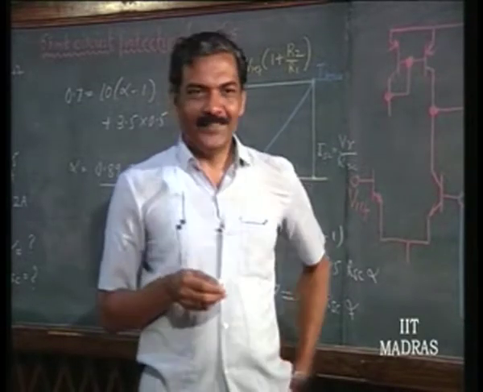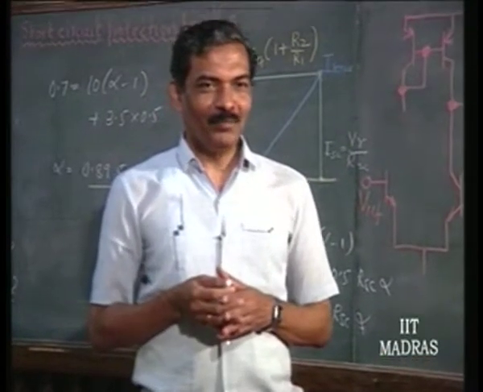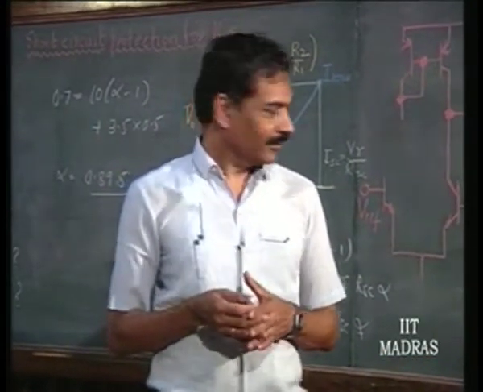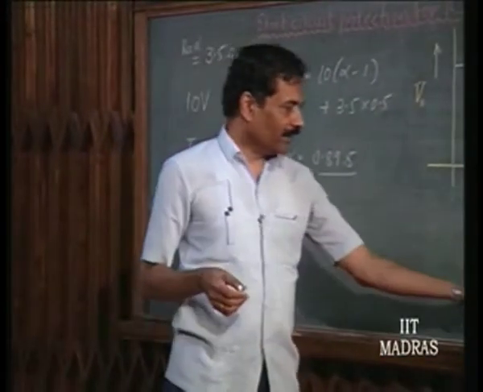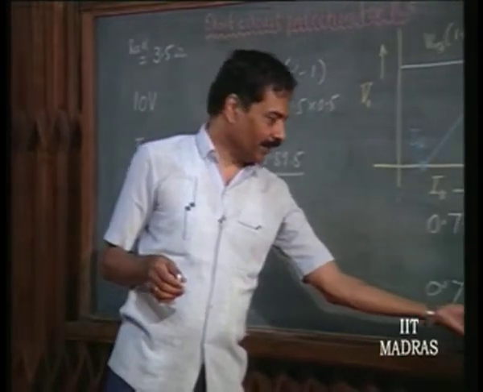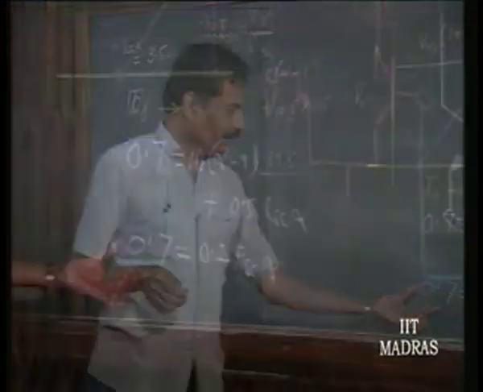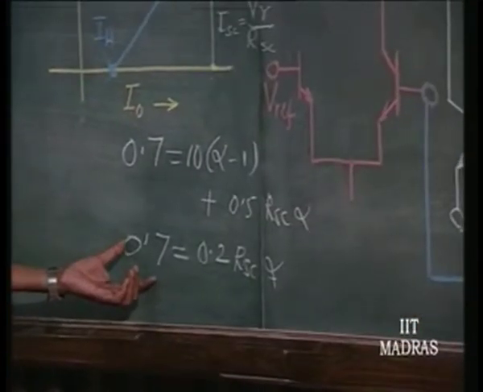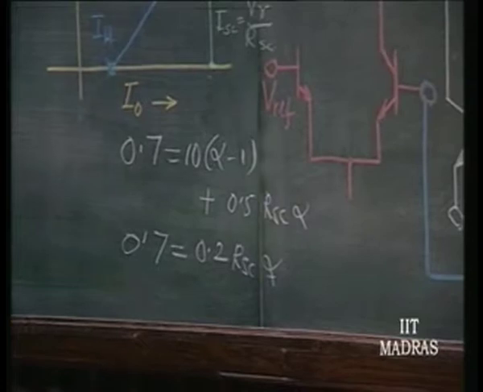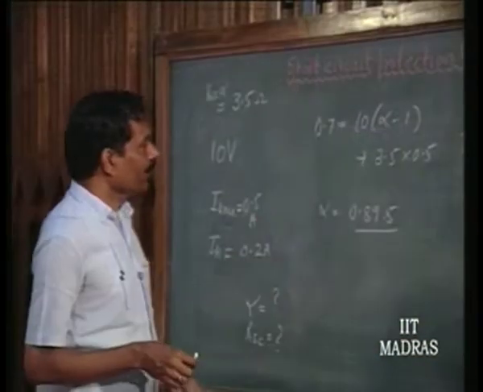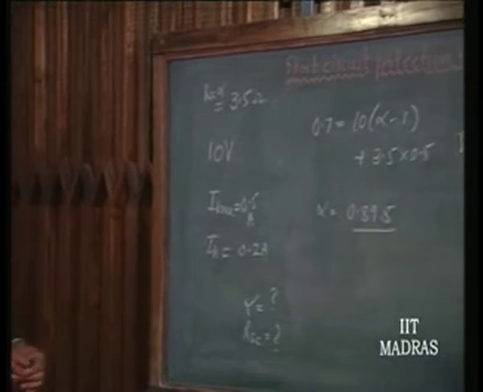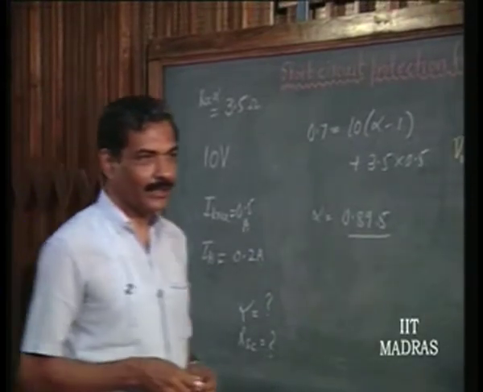Obviously, if I had taken the I hold current as 0.1, this would have increased to 7 ohms, and you would have had problems with the alpha, right?